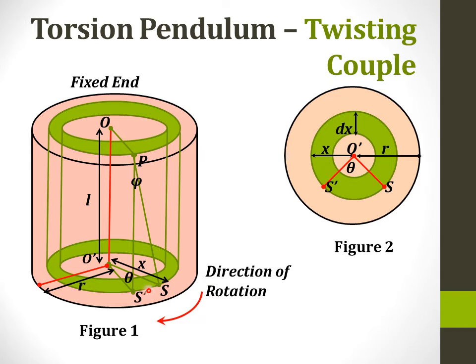This displacement is caused due to a strain through an angle called the angle of shear or the shearing strain, denoted by phi.